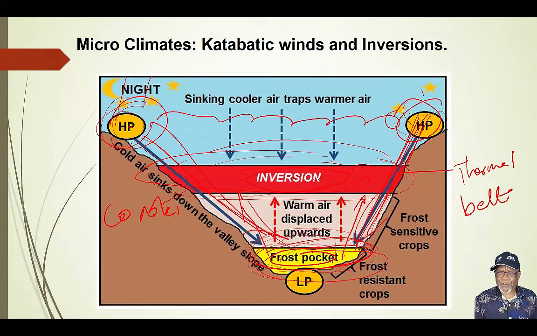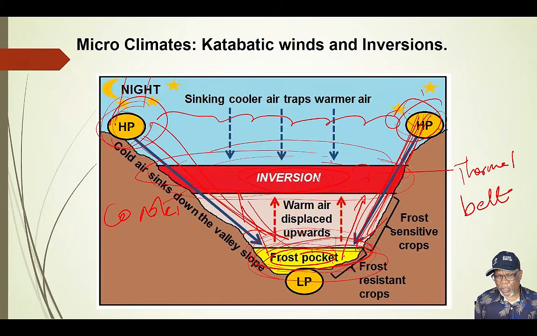Then what will this process mean? It means that because here we have frost pocket, you cannot grow crops that will be killed by frost. Here at the bottom of the valley, you must plant those crops midway above the slope, above the floor, where it is warmer.